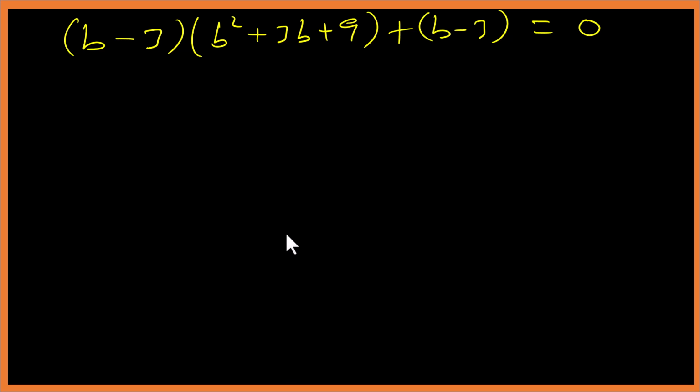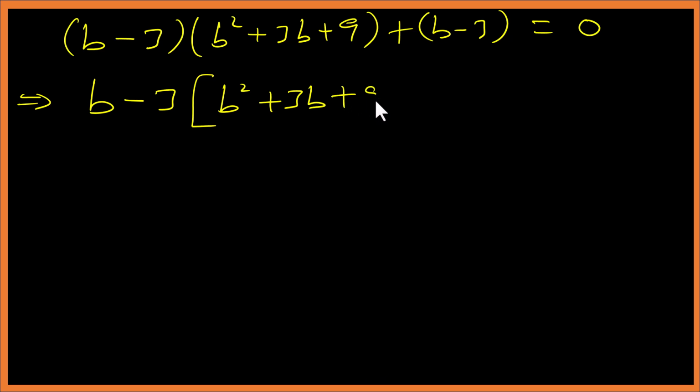Okay, now remember we have something in common here, b minus 3, b minus 3. So I can factor out b minus 3. I will have b squared plus 3b plus 9, plus 1 from this side.